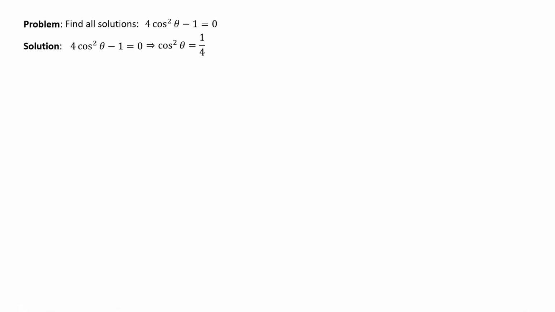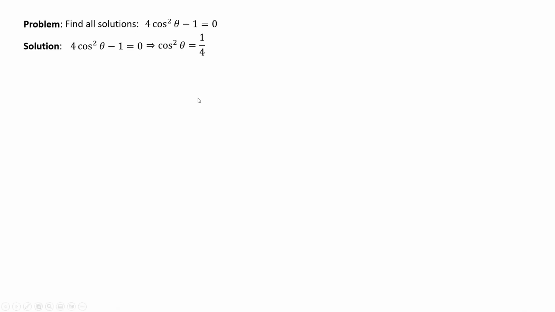But then we actually want to find cosine theta itself, not cosine square theta. From that, let's figure out what cosine theta is. Think about it. Okay. Sorry, I had to take a sip of water. Cosine theta is 1/2.